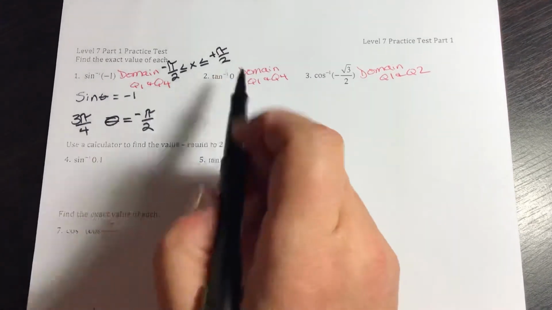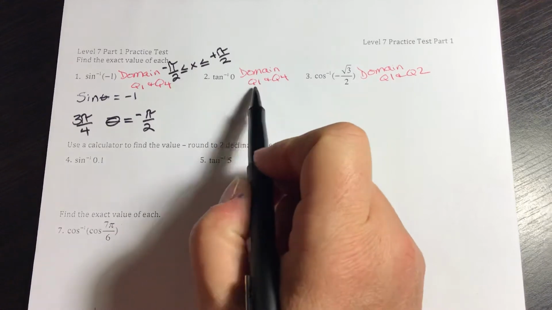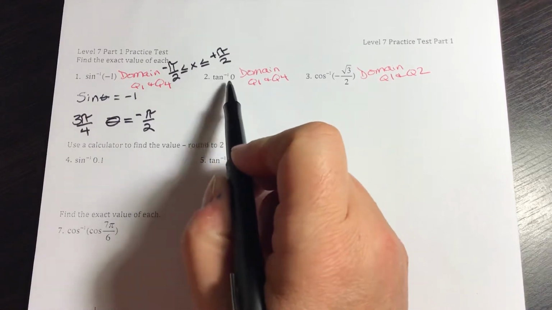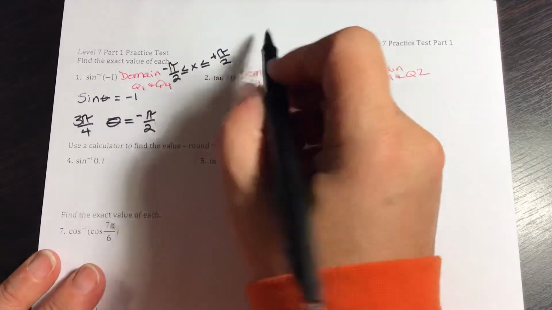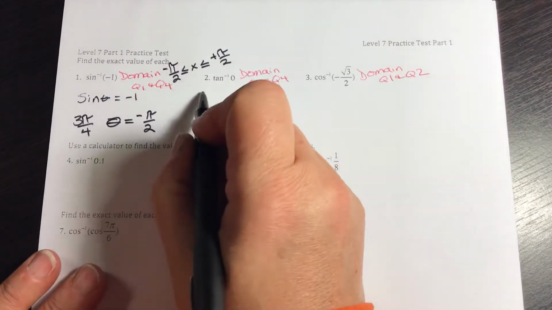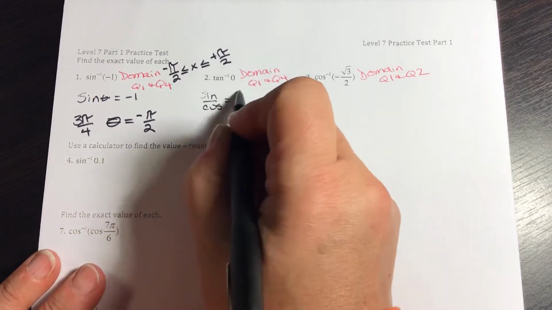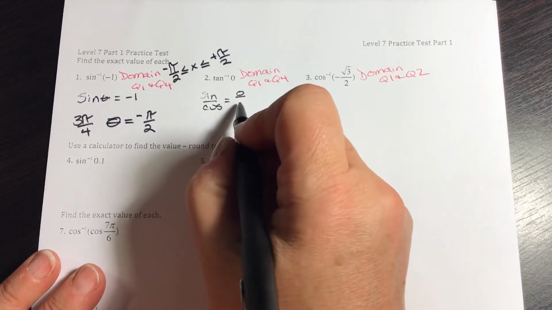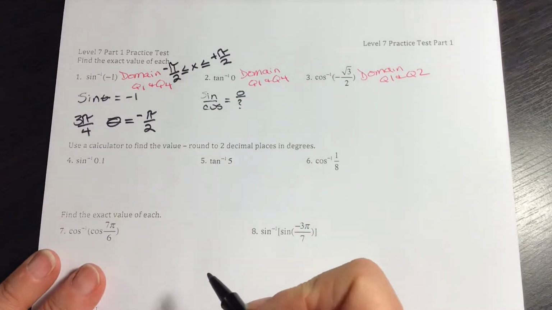All right, tangent works the same way. The domain of the inverse tangent is in quadrants 1 and 4, and I want the tangent value to be 0. So if you remember, tangent is sine over cosine, and I want sine to be 0 and cosine to be anything else.